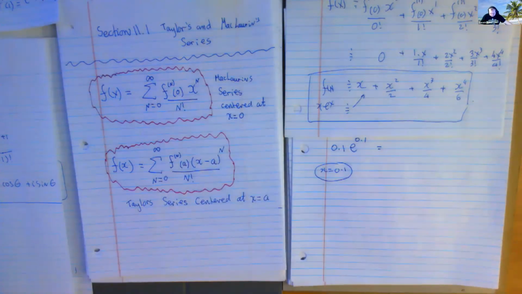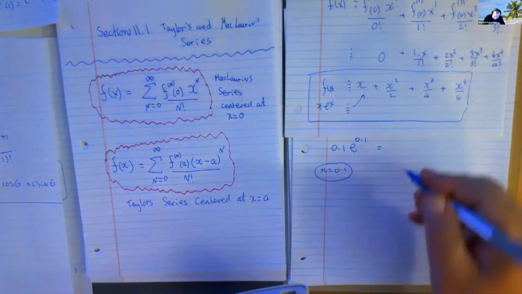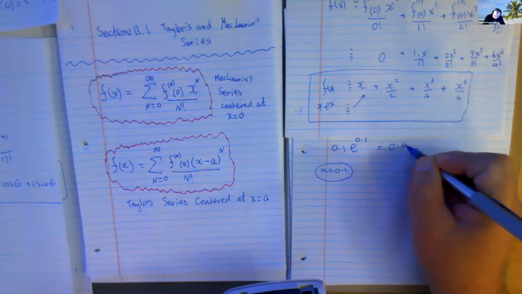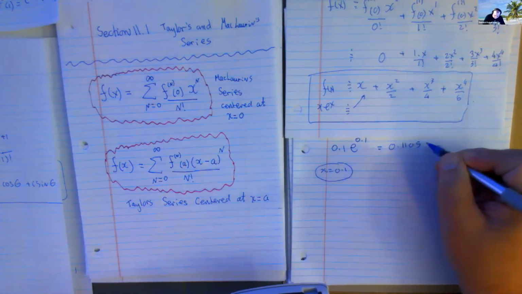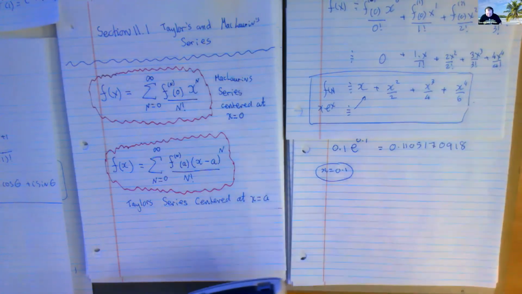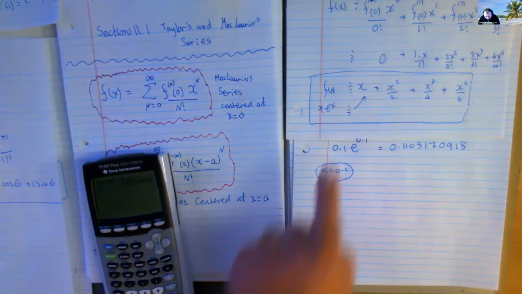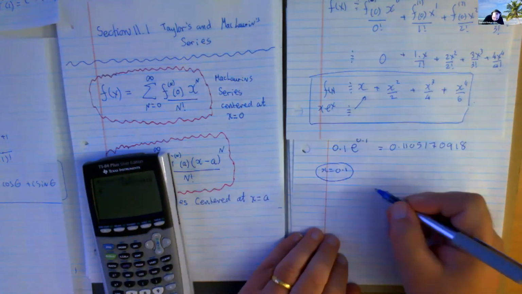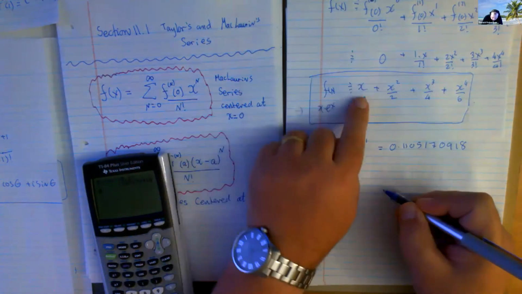According to the calculator, 0.1 times e to the power of 0.1 is 0.1105170918. Now, if I'm going to use this guy, then won't I be evaluating, let's see, what am I going to be using?